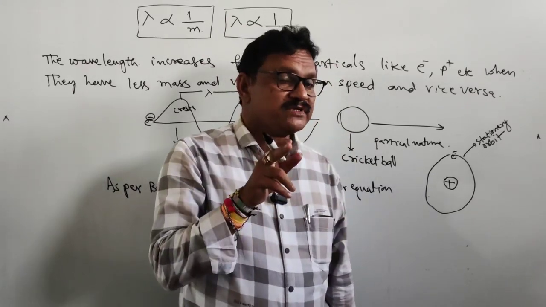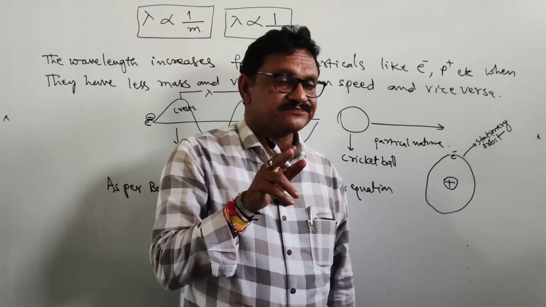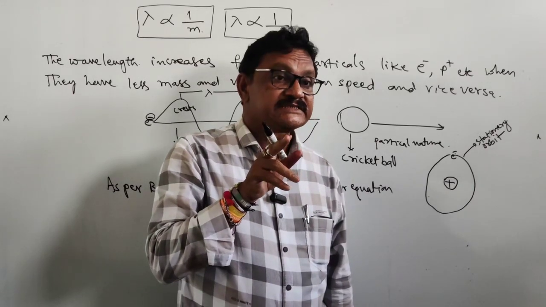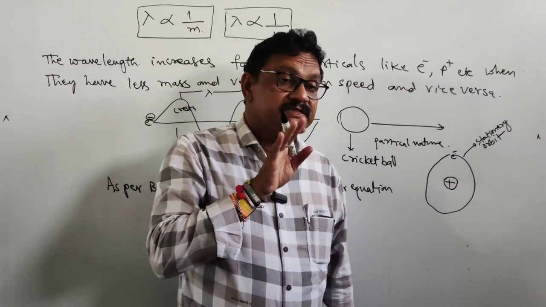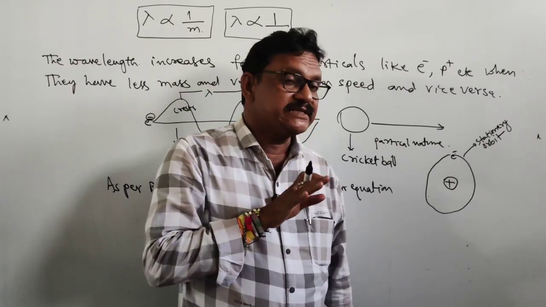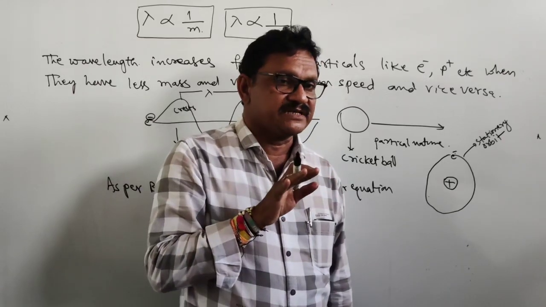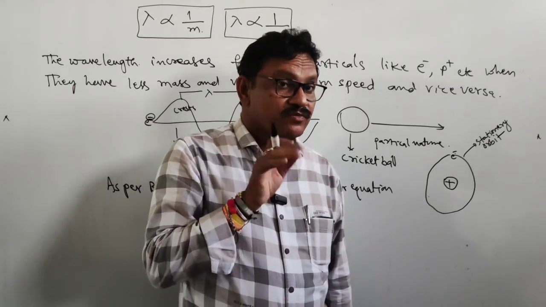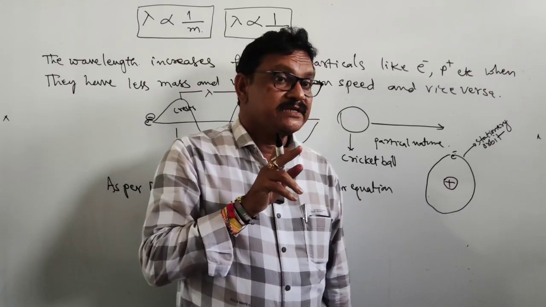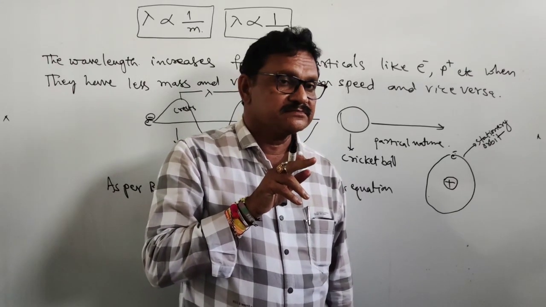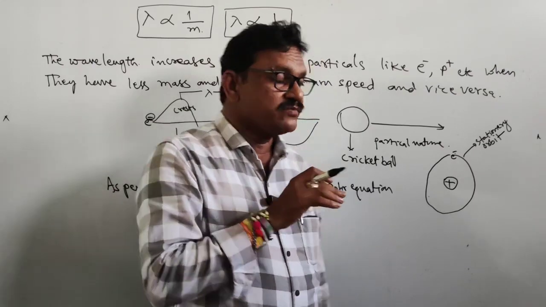But the modern theories, particularly wave mechanics and quantum mechanics, decided and justified that it is not possible to calculate the position and velocity of the electron around the nucleus. Why? Because the electron is not only a particle, it has a dual character. In addition to particle nature, it has wave nature.